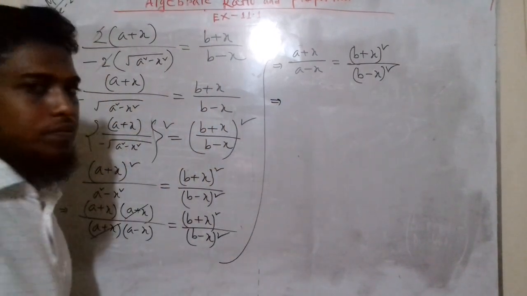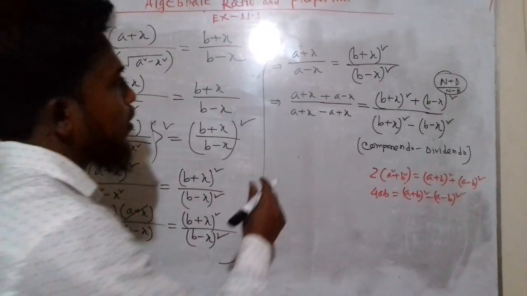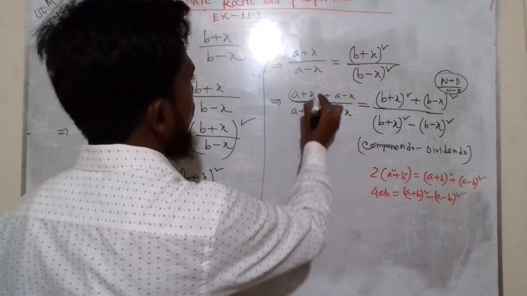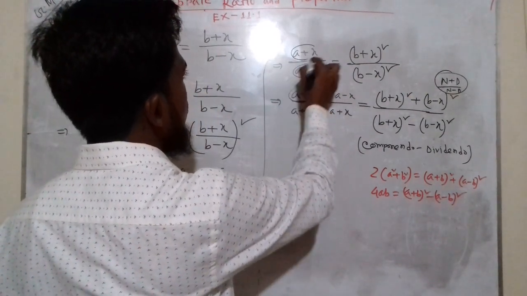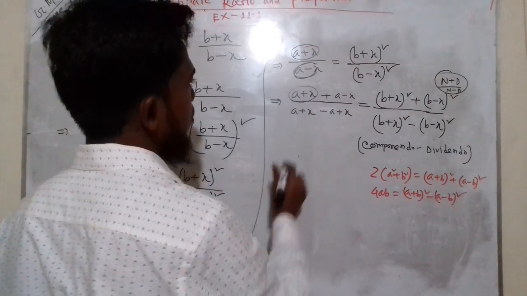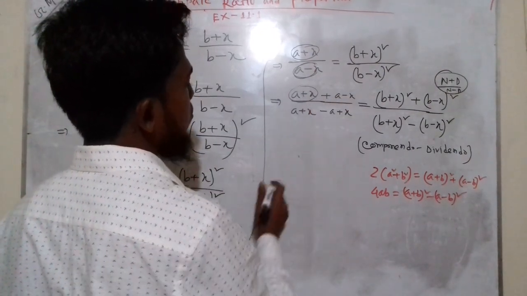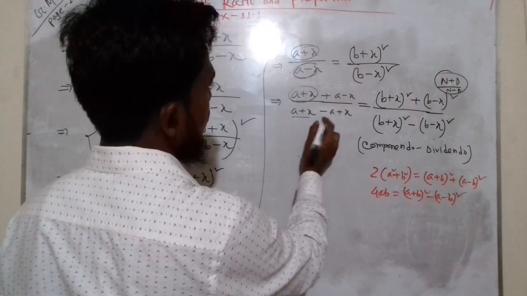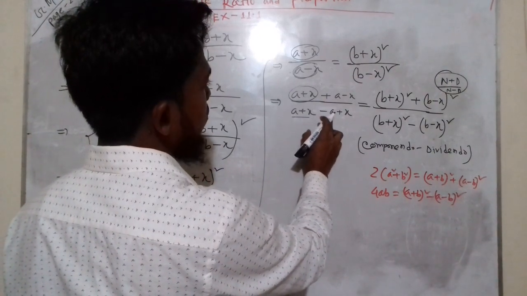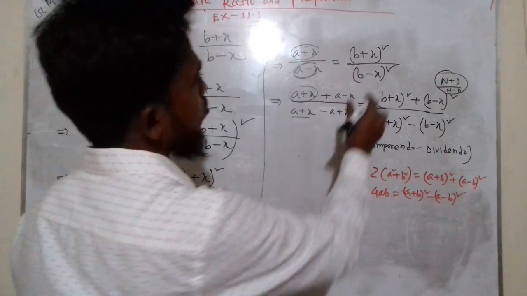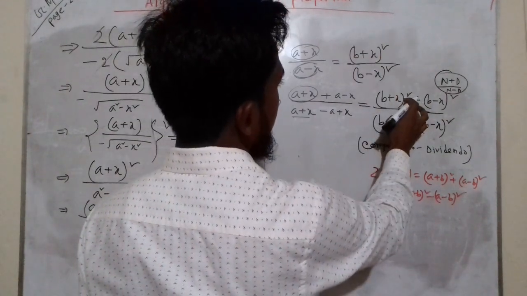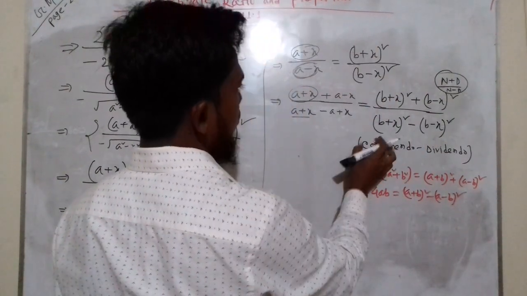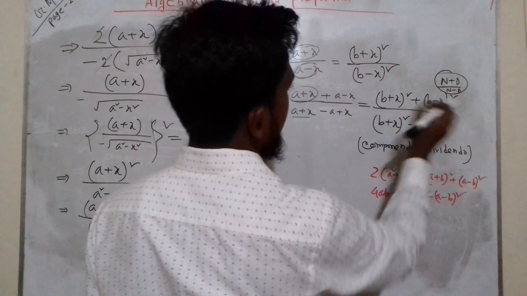So now again we apply the law of componendo and dividendo. Here is numerator, here is denominator, so numerator plus denominator, a plus x plus a minus x, divided by numerator minus denominator, a plus x minus a plus x, equal to numerator b plus x whole square plus denominator b minus x whole square divided by numerator b plus x whole square minus b minus x whole square.